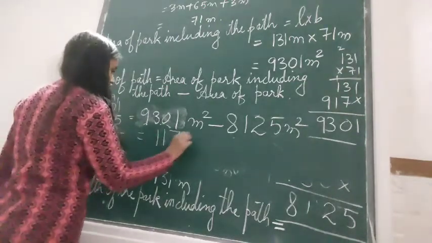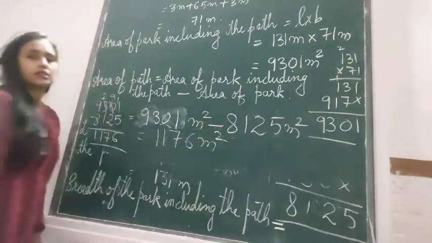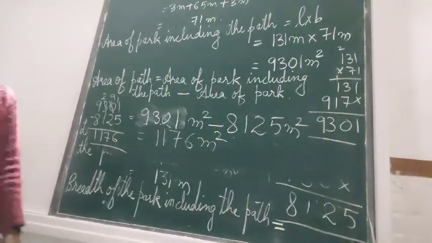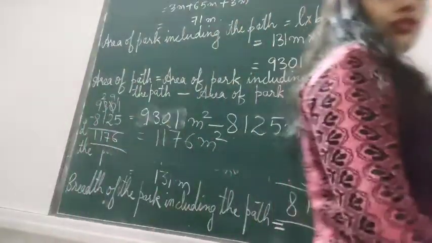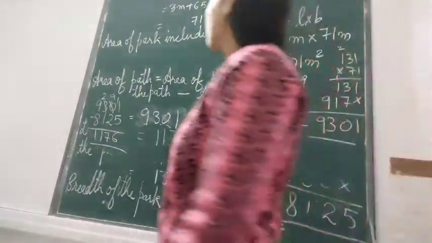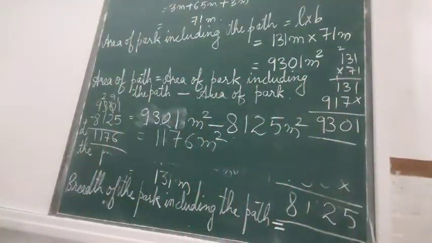So 1176 meter square. So children, this completes which question? Question number 2. Okay, now we will start the third question.